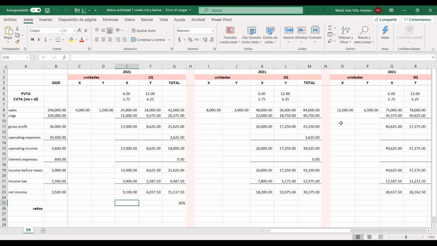For example, in the first one, the F column is the Y, and then you have the E column being the X, and you have it separated, but you need to represent that information integrated in one sales account. So you're going to have to add up each one of those cells individually. You won't be able to just drag the formula to the right.